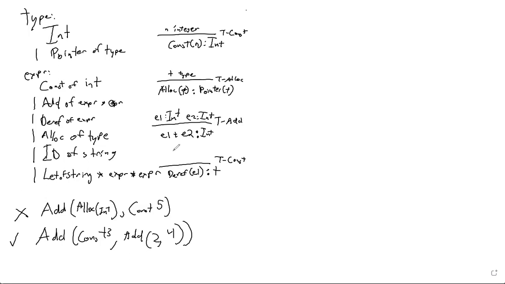But we need to have a premise up here that's able to rule that out. So we want to say that E1 is a pointer type.